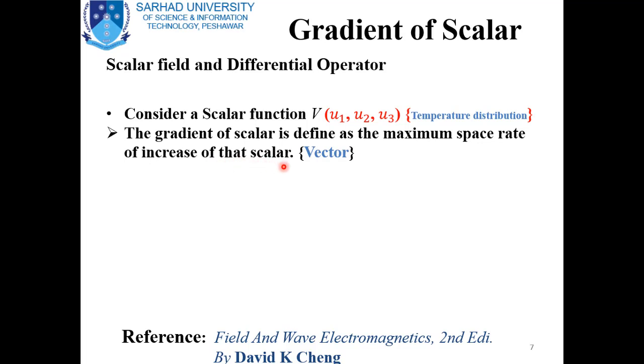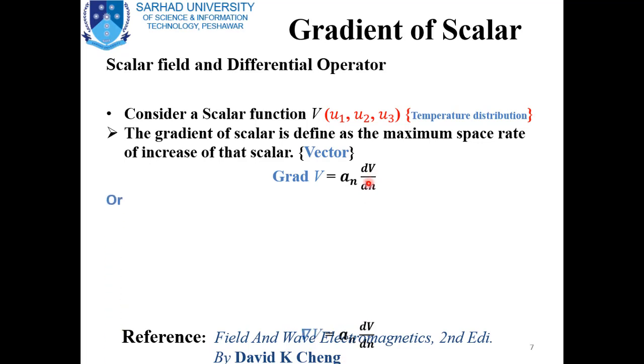So the maximum space rate in a specific direction is a vector quantity, and this is known as grad V, or gradient of a scalar function V, and defined as a_n dV by dn. Here dn represents the space coordinate and V is our scalar function.